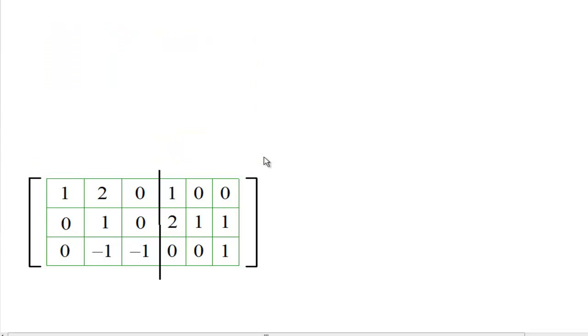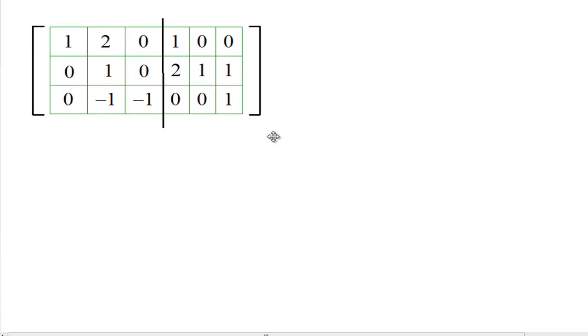All right, so let me erase this. Now notice this, that I can obtain a 0 here by taking -2 times row number 2 and adding it here, right? And I can obtain a 0 here by adding these two rows.